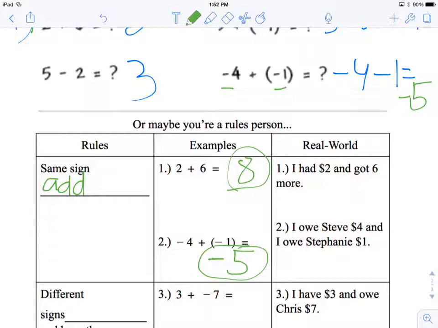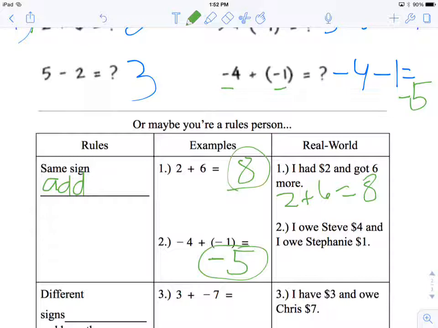In the real world, there's a great way of thinking of it in money. So in money, if it's positive, like $2, I had $2, and we're adding because it's positive again. I got $6 more. So this 2 plus 6, I have a grand total of $8. I had $2, I got 6 more, I have $8 now. And now with owing people money, that's like negative.